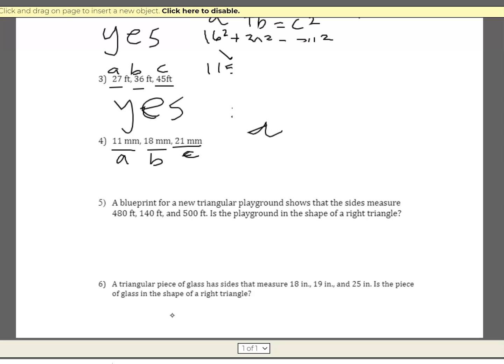Okay. All right, so let's go ahead and do this one. So a squared plus b squared, does it equal c squared? So for a we have 11 squared plus 18 squared, does it equal 21 squared?